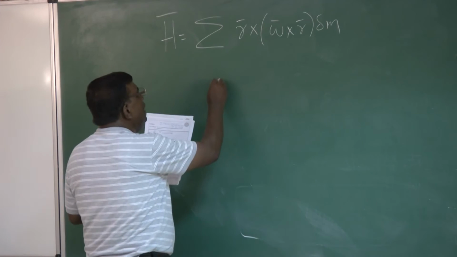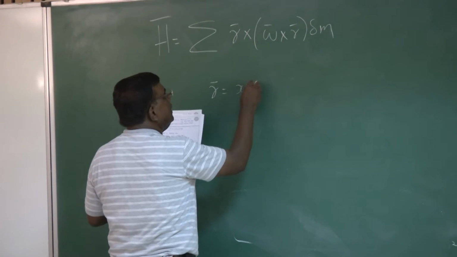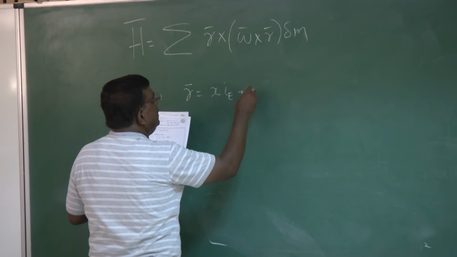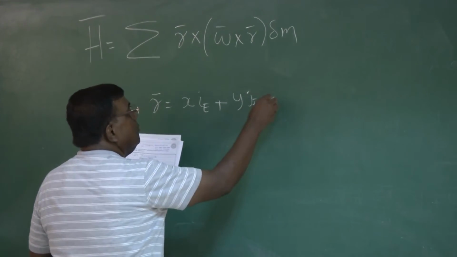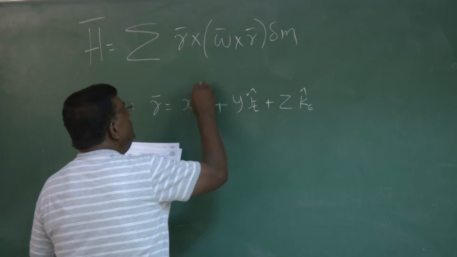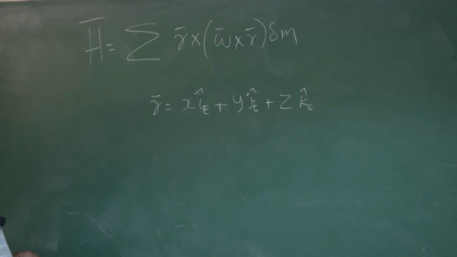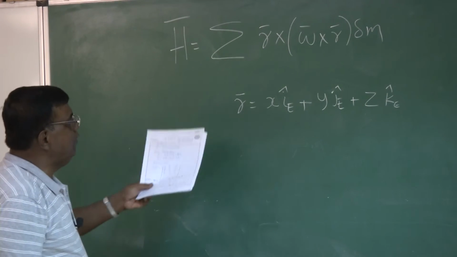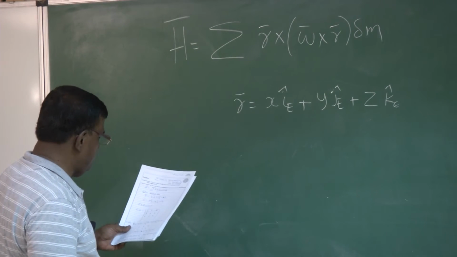So what I do, I write R as x component resolved along Ie plus y Je plus z Ke. Ie, Je, Ke are the unit vectors along the inertial frame axes xe, ye, ze. So I am resolving R, expanding R with respect to the inertial frame.